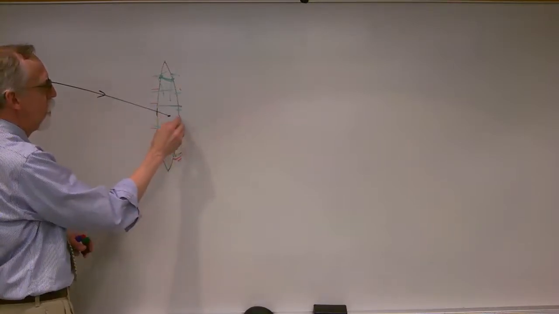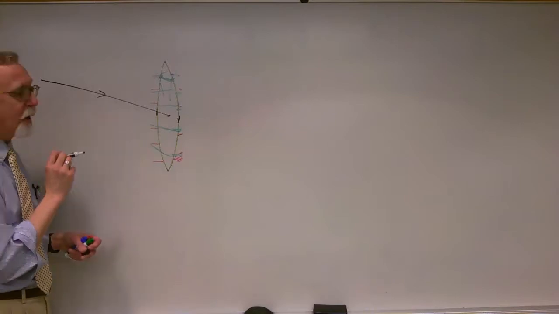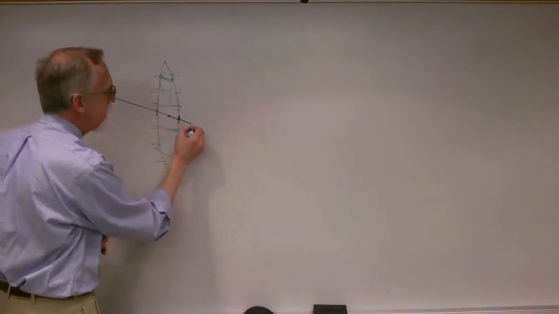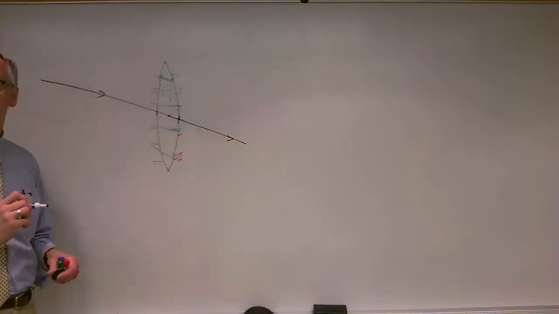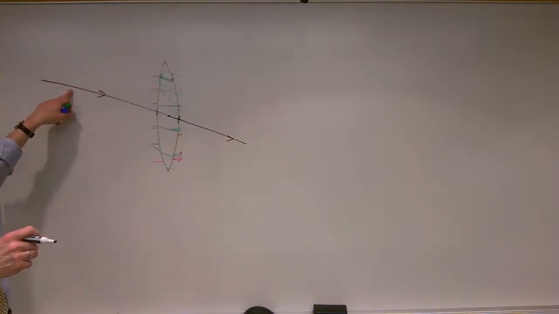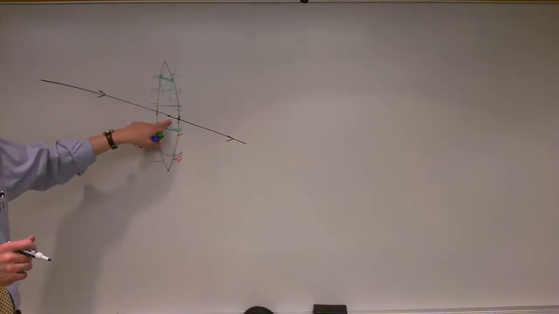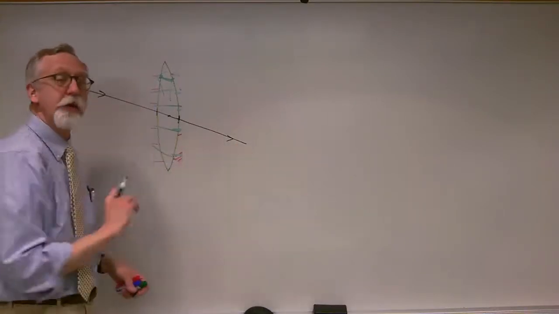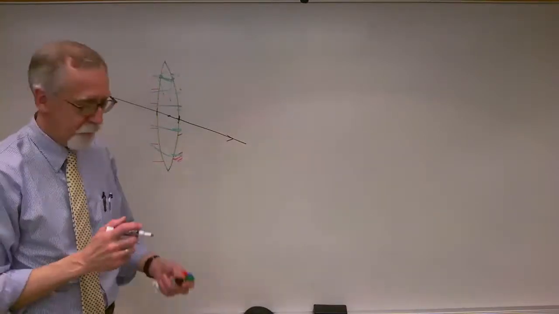These two surfaces will essentially be approximately parallel to each other, and essentially the ray is going to come right back out in the same direction. So we will make the approximation that any ray that passes through the center of the lens will come straight through and go on a straight, undeviated path.